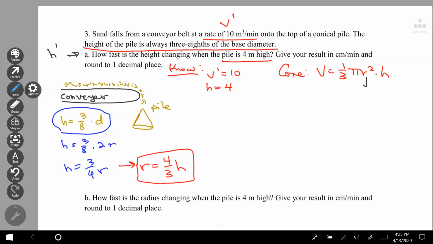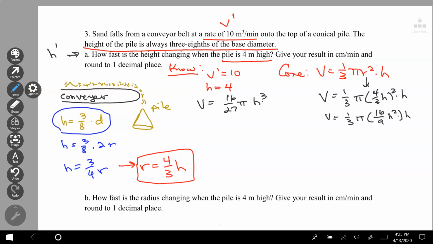So I can get rid of r and say v equals 1/3 pi (4/3 h) squared times h, or v equals 1/3 pi times 16 over 9 h squared times h, or volume is equal to 16 over 27 pi h cubed.